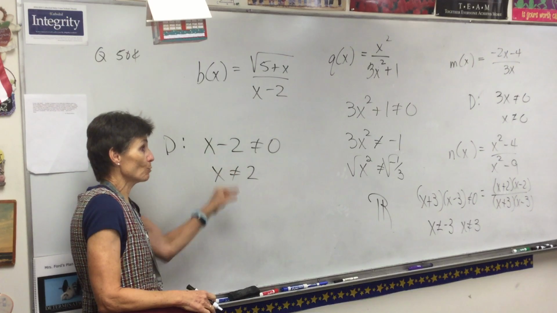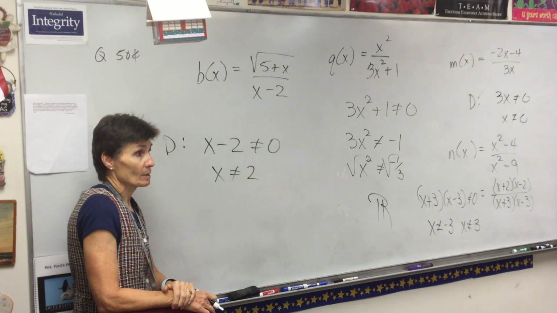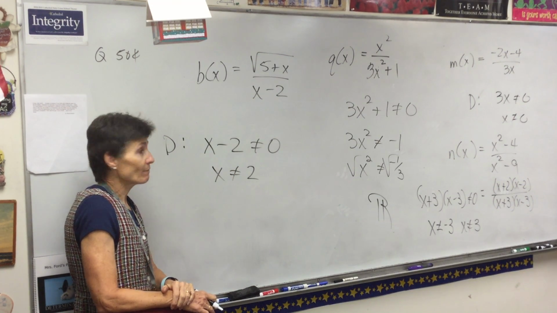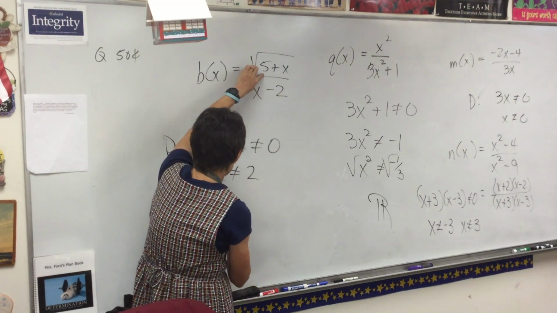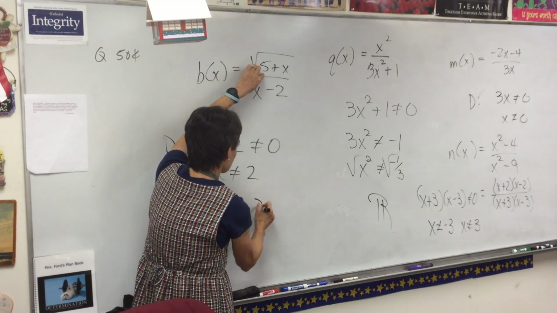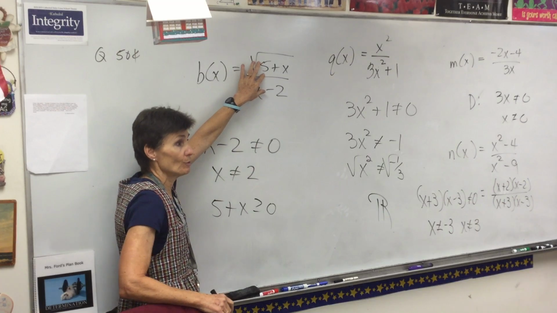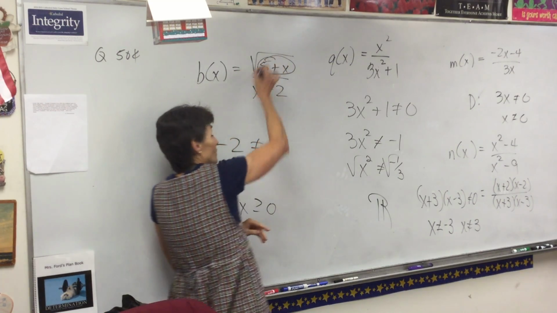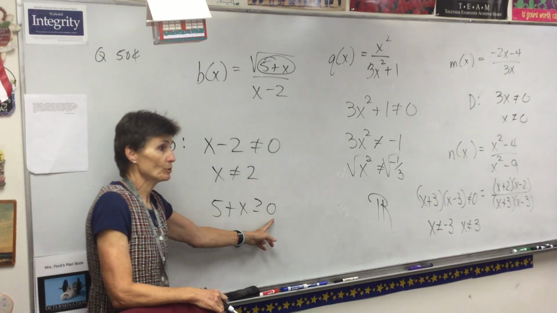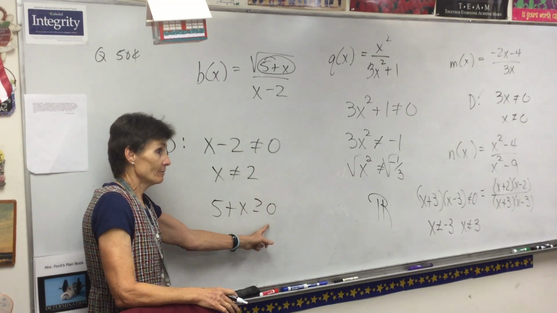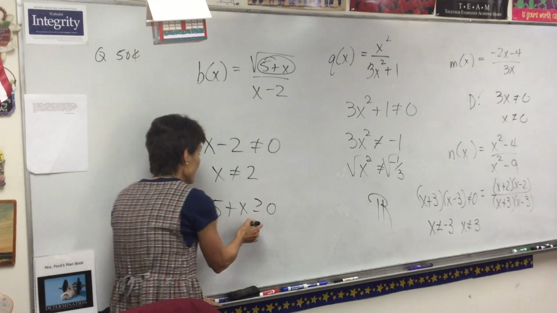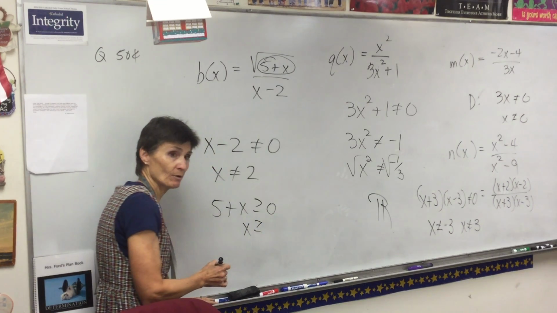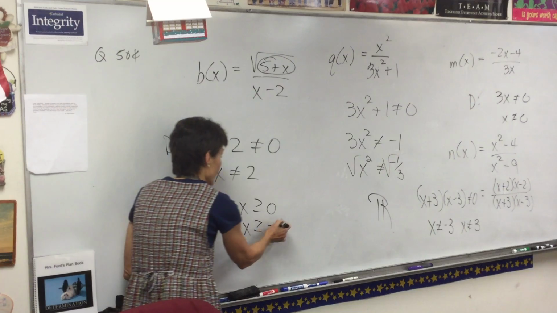What's the other rule about domain? The radical. Whatever is under the radical has to be greater than or equal to 0. So whatever is under the radical is greater than or equal to 0, positive. So that means x has to be greater than or equal to -5.